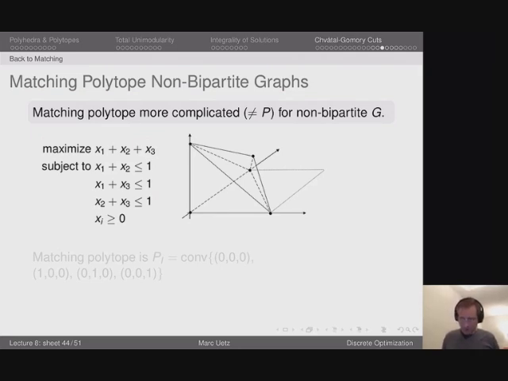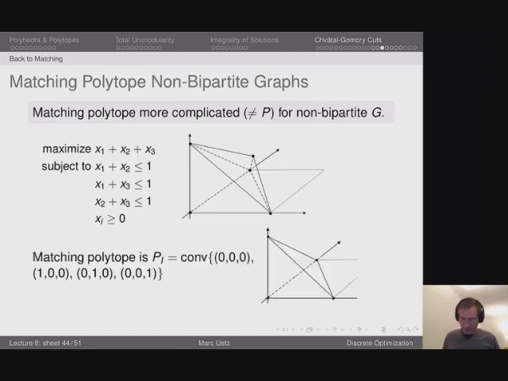The corresponding matching polytope would be the convex hull of all the matchings. That would be none of the edges and then either of the three edges. So that would be this object here, the convex hull of these four vertices.